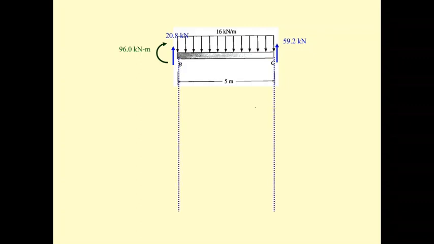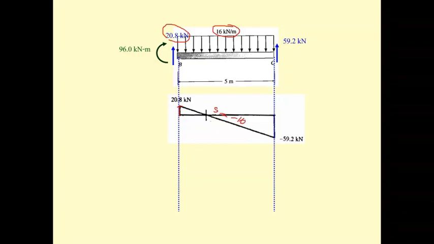For the beam BC, again, we draw the shear diagram, and we start with B. The B has a shear of 20.8, up to this one, and then you move up, you get the distributed force of 16, so dV by dx, which is the slope, is going to be minus 16.